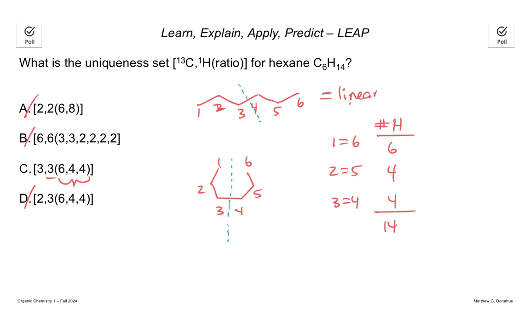We call this linear. When you draw the carbon atoms in a line for the maximum number of carbons, that's linear. When you drop down from that maximum number, they're not linear anymore, they're called branched.